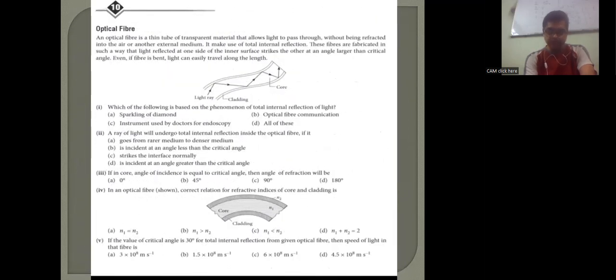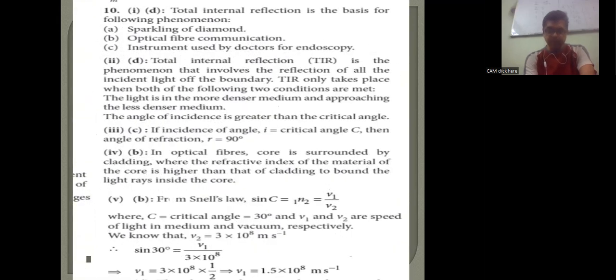If the value of critical angle is 30 degrees for total internal reflection from a given optical fiber, then the speed of light in that fiber will be. Now students, sin c equals to 1 by refractive index, which is speed of light in medium 1 with respect to speed of light in medium 2.